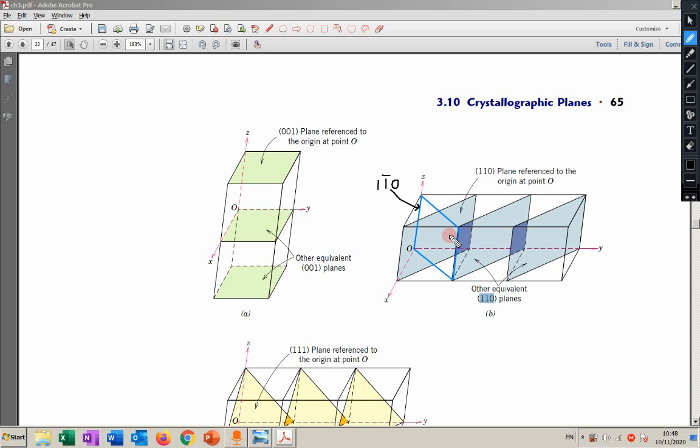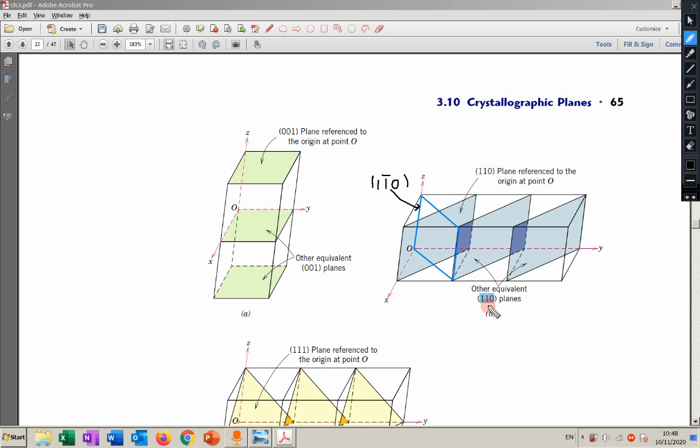For example, this plane. I can draw another one, which is family with this one. Why? Because the plane indices are 1, minus 1, 0. I have to shift the origin somewhere here. So it is not equivalent with this one, but they are the same family.